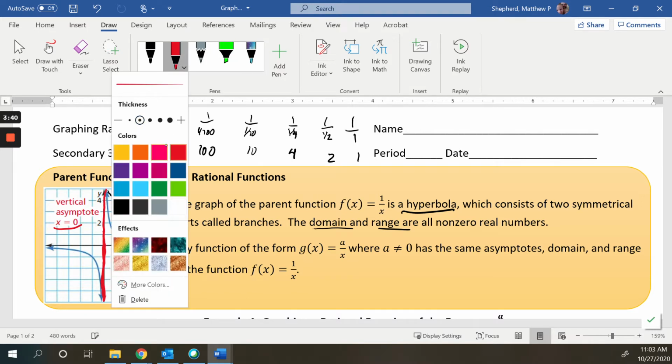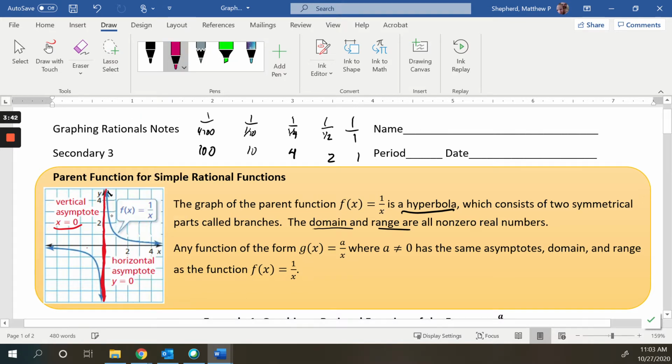And then we also have a horizontal asymptote at y equals 0, so that would be this line right here. Those are the two asymptotes that our equation is going to get closer and closer to without ever actually reaching. So the domain and range will be all the numbers except for those values at the asymptotes.